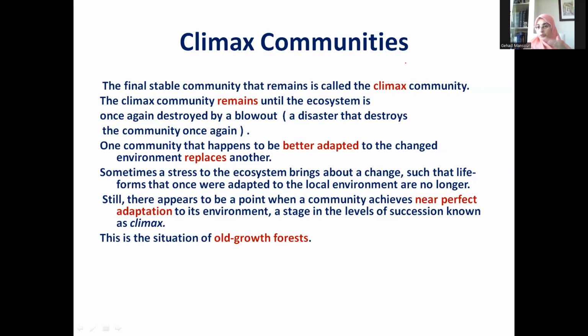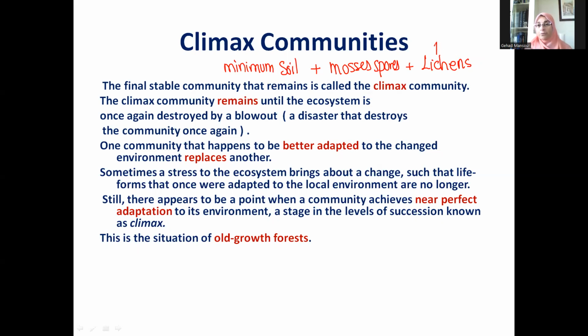At the end, so we started with what? We started with lichens, and a very small amount of moss spores that are carried by wind, and a very small amount of soil, minimum soil, that results from rock weathering.